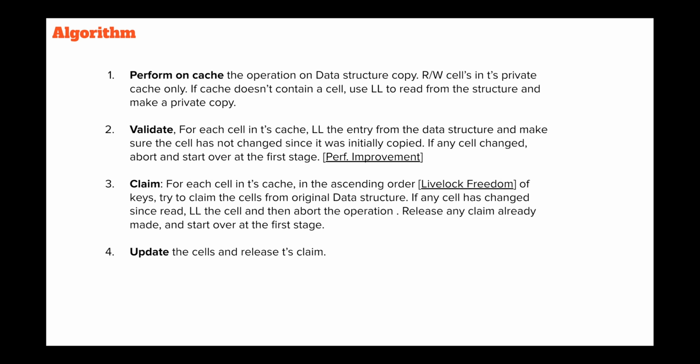Then we try performing an operation on the cached version of the data structure. If you don't have a particular cell inside your cache, then you load link the cell from the shared data structure to your private copy, and you perform all the sequential operations on your local copy.